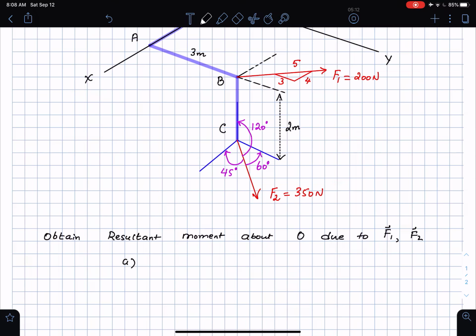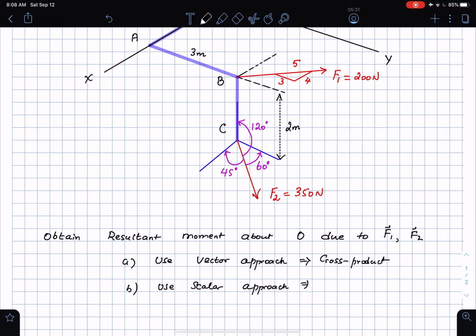Okay, use the vector approach, which means that you're going to be using the cross product, and then use the scalar approach, which means that you'll be using the right hand rule.